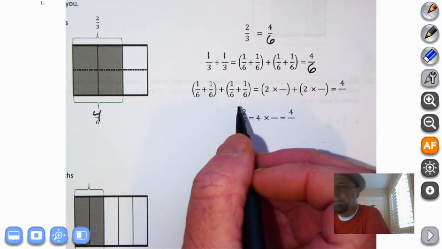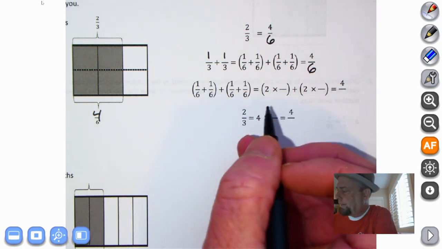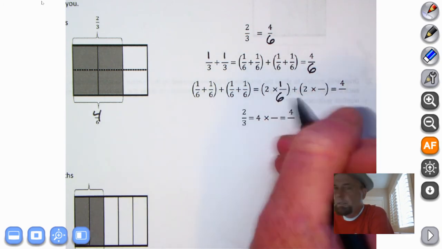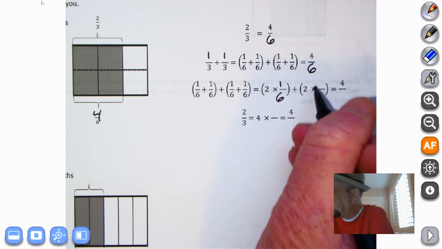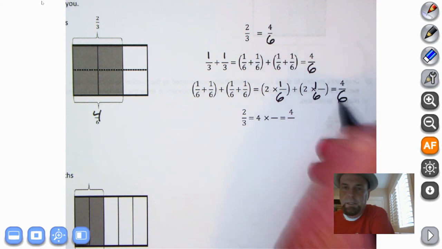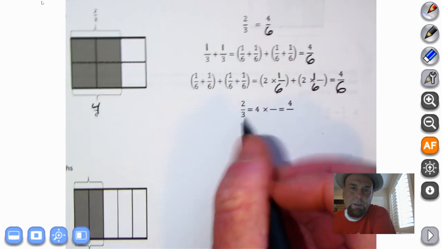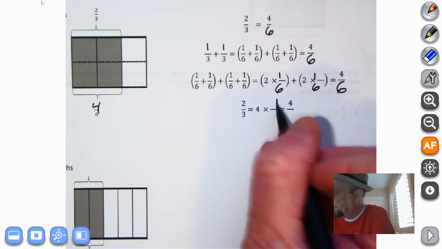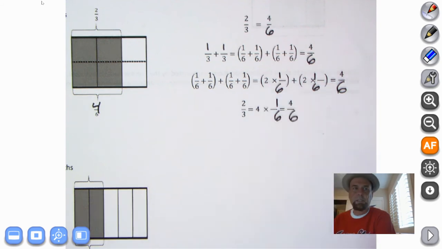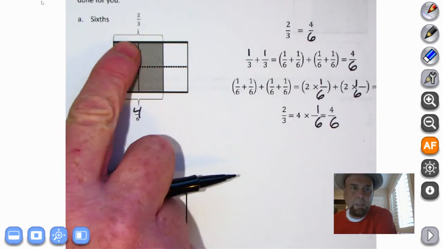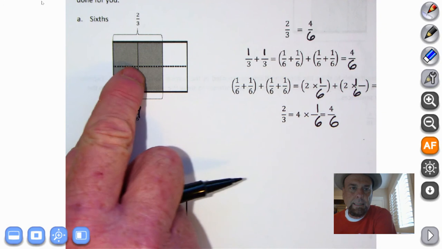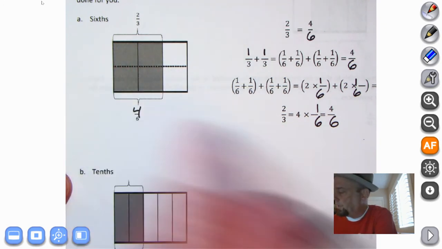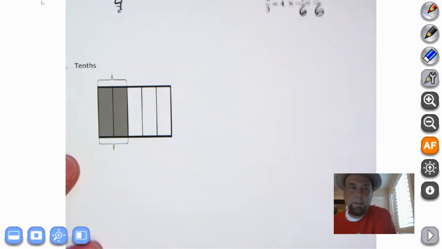So we could say that 2 times 1/6 plus 2 times 1/6 equals 4/6. And we can even simplify it further. The 2/3 equals 4 times 1/6 to equal 4/6. Notice, we started out as 2/3, cut it this way, and we get 1, 2, 3, 4 out of 6, or 4/6. Let's move on down to this one here.